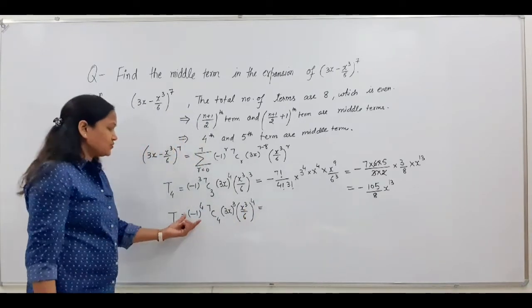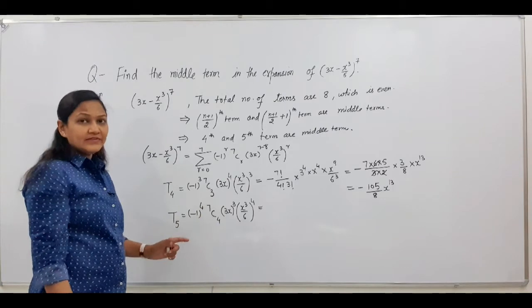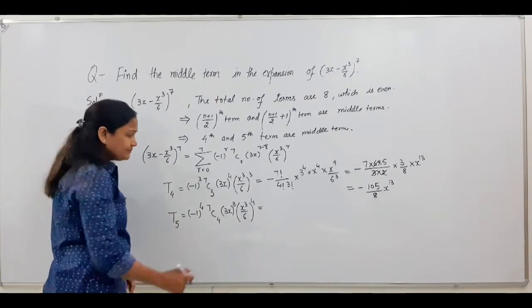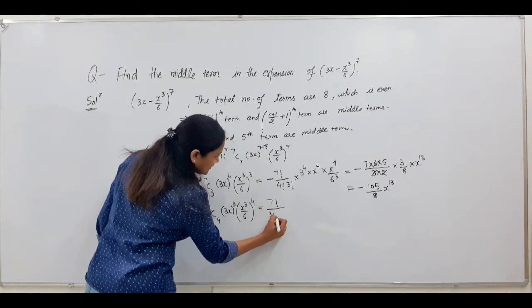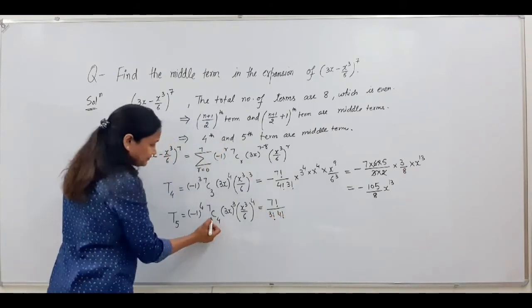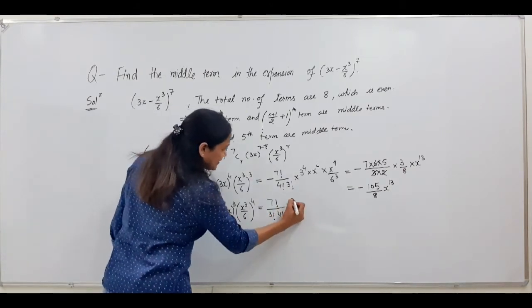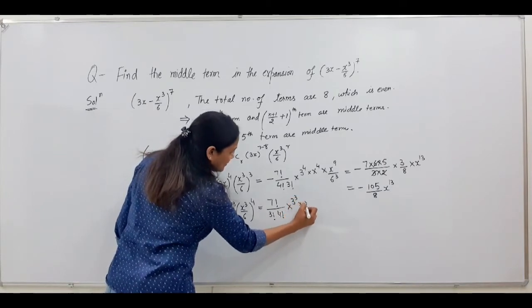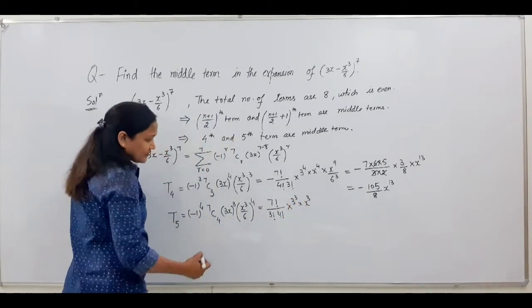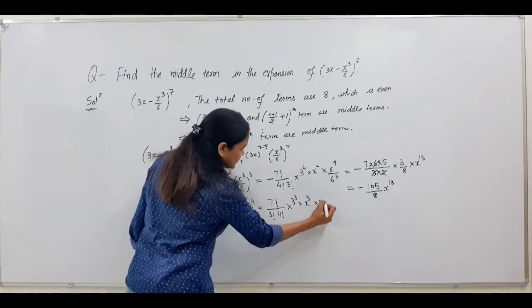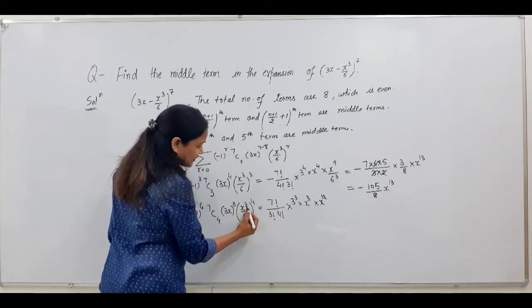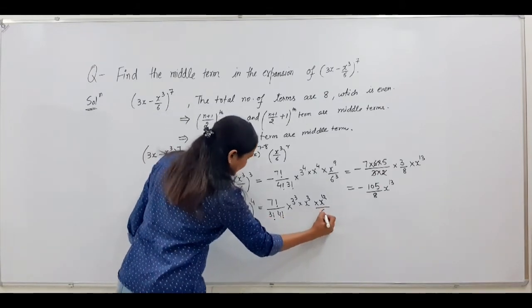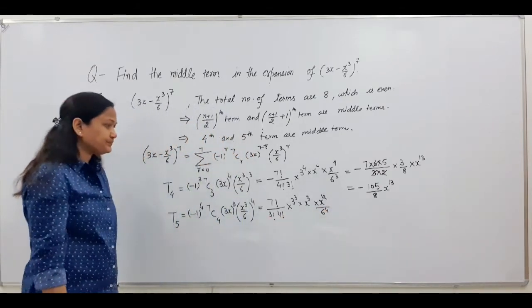And that will be equal to minus 1 raised to an even power, which will become positive 1. This is 7 factorial upon 3 factorial into 4 factorial. This is 3 raised to power 3 into x raised to power 3. This will become x raised to power 12, since 3 fours are 12, upon 6 raised to power 4.